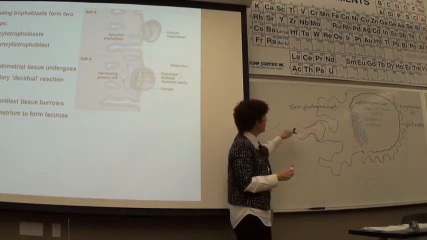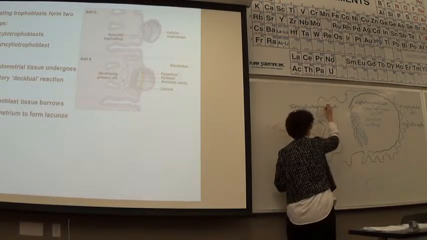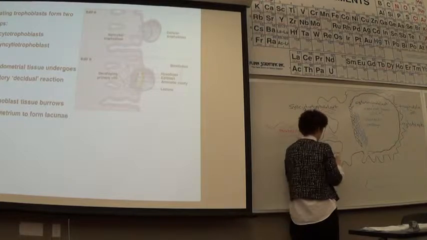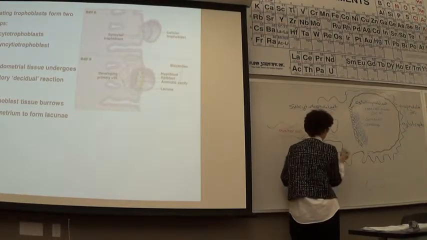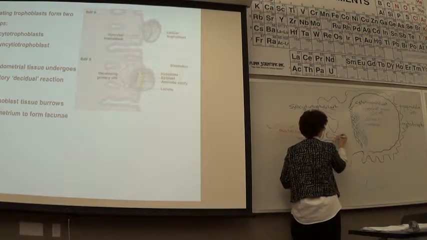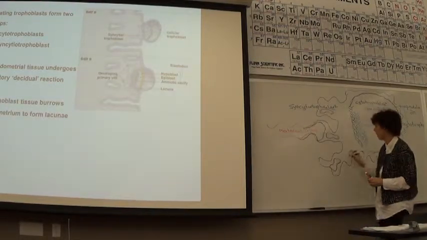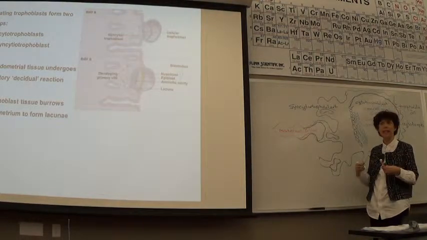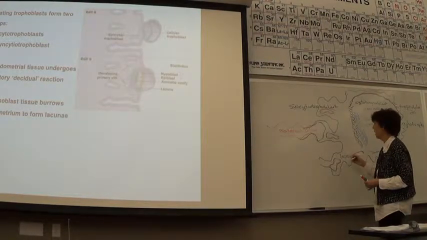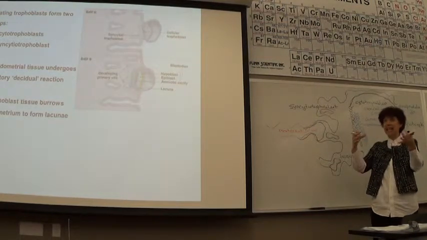And so what I've drawn here in a longitudinal section appears as little pockets or pools of blood from other blood vessels, and these are identified as lacunae. They're not lacunae in the sense of the chondrocytes and osteocytes that we've talked about, but these are pools. So now the fetal tissue is kind of floating on a lake of maternal blood.